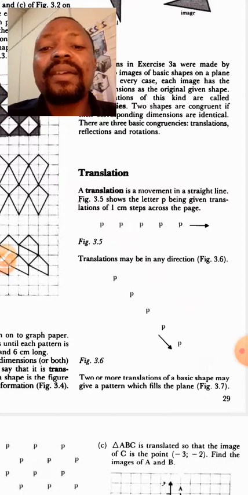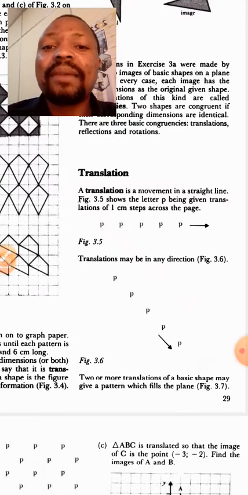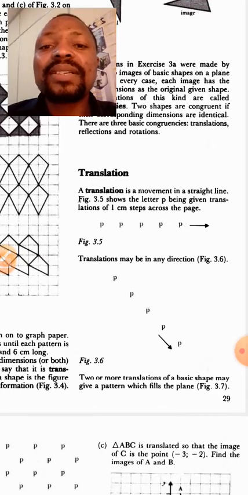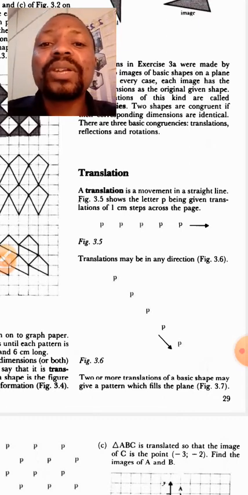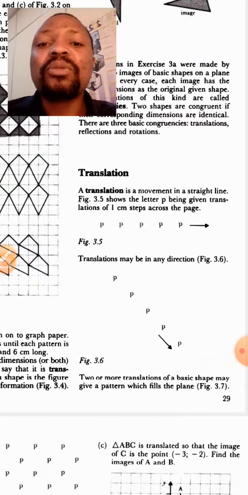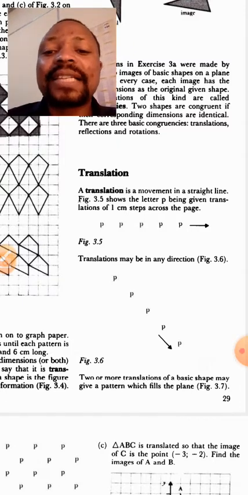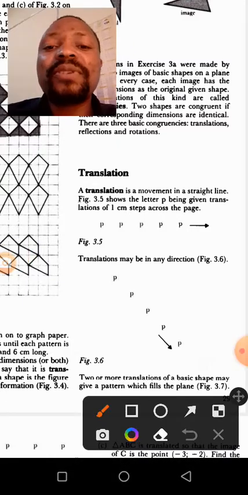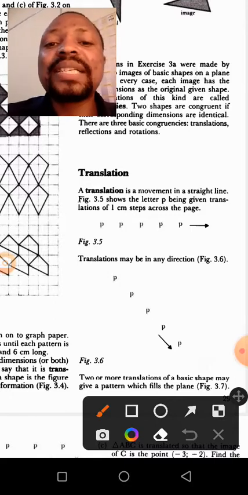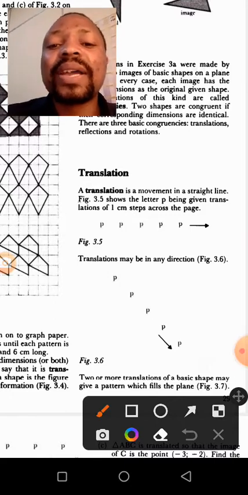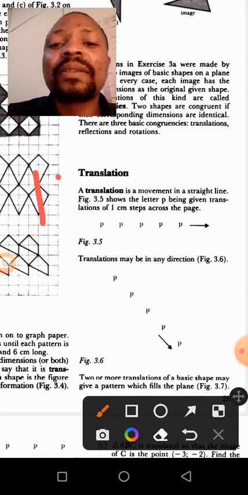We are saying there must be a translation factor. That is what is very, very important. When we are talking of a translation, we must have a translation factor. A translation is represented by a T in transformation.